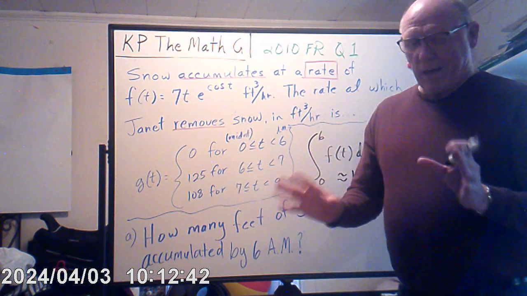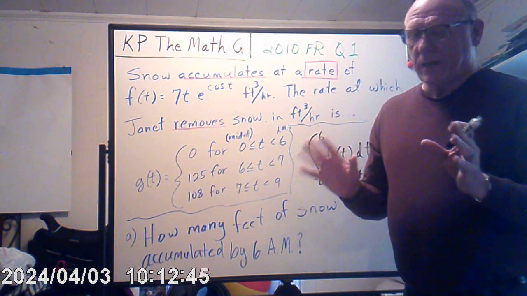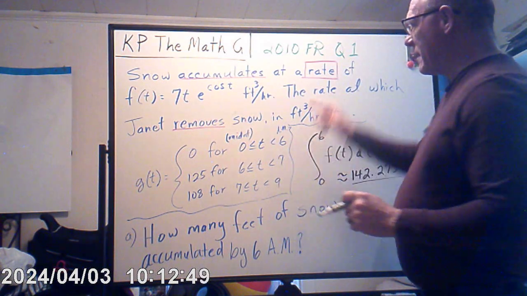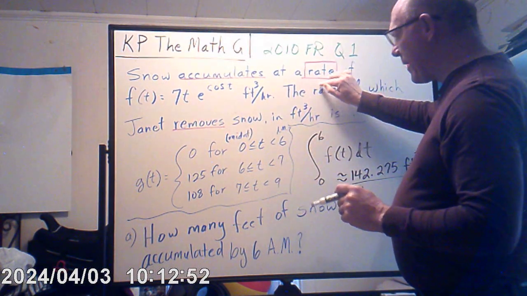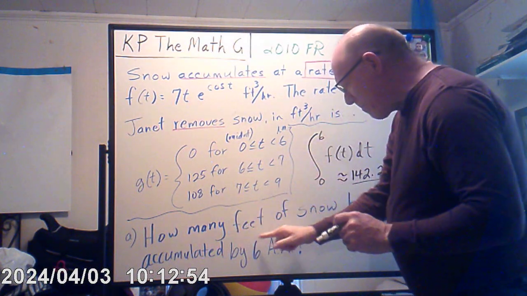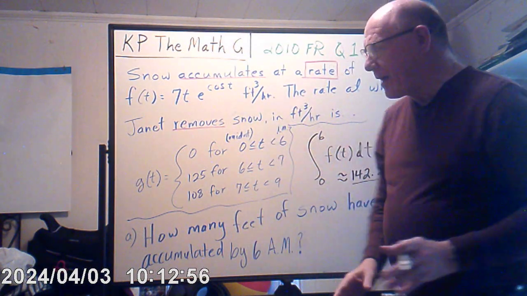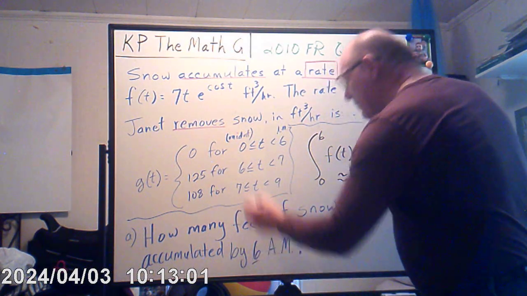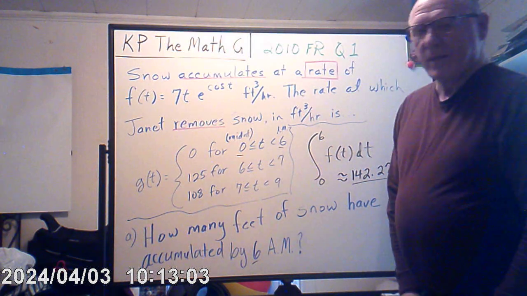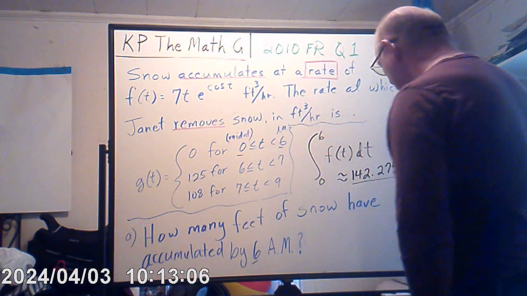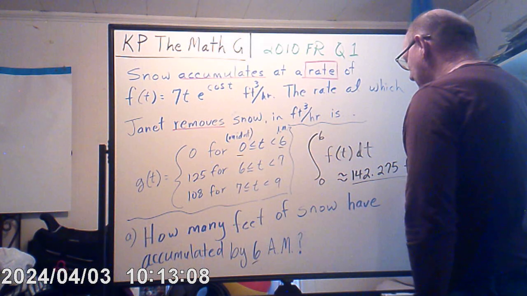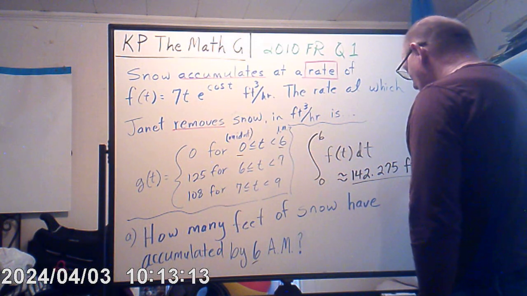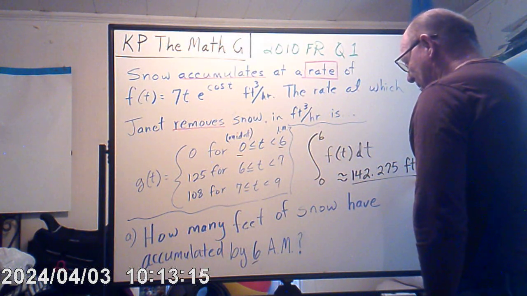You should know that by now, and I'm just saying, just out of review, in case you don't remember, when you see the word rate and it's asking for how many feet or how much something is, then you've got to take the definite integral from 0 to 6. That's what you got to do, and then it will come up with your answer here. That's the A part to that.